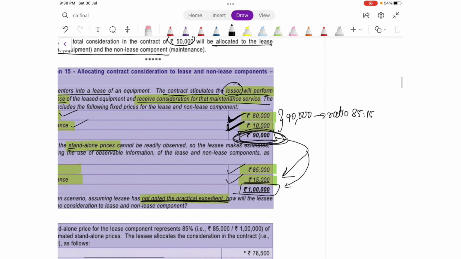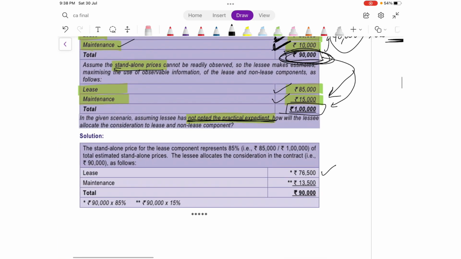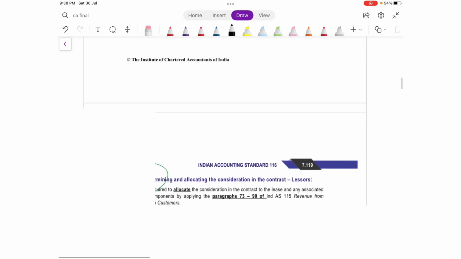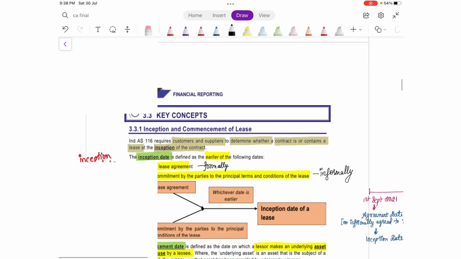So 85,000 and 15,000, that is 1 lakh, in the ratio of 85:15. You have to split lease and non-lease. So it will be 76,500 of lease and 13,500 of non-lease. That is how you have to account for this 90,000. Okay, I hope you understood that.